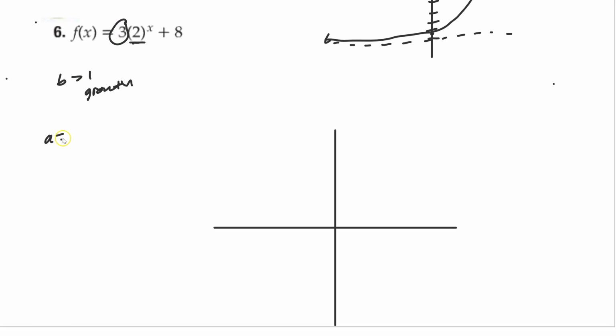That's my A. A is 3, so that's your initial y-intercept. So 1, 2, 3 is right there. And then you have right here at 8, you have a vertical shift of 8. Positive 8, which means your horizontal asymptote is at y equals 8. So 1, 2, 3, 4, 5, 6, 7, 8.